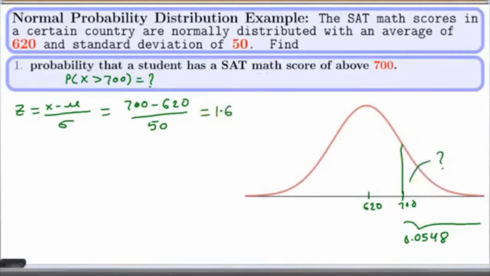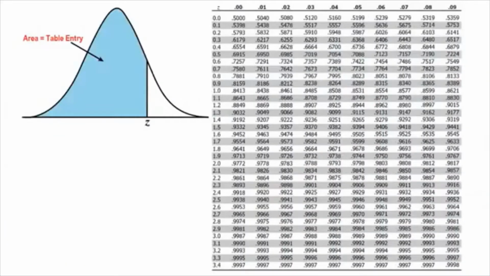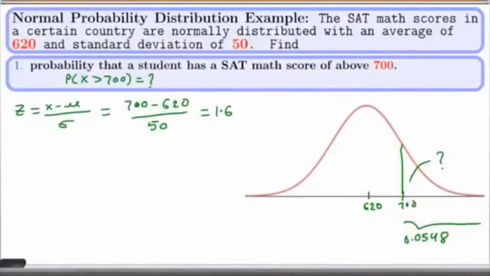Now let me pull up my table. To find the area for 1.6 z-score, we will look at the row of 1.6 and column of 0.00. So that means the area to the left is 0.9452. Basically, the area to the left of 700 is 0.9452.